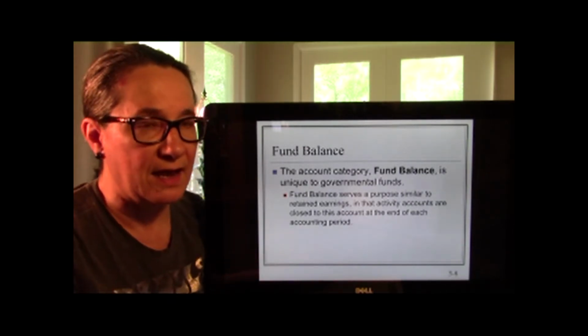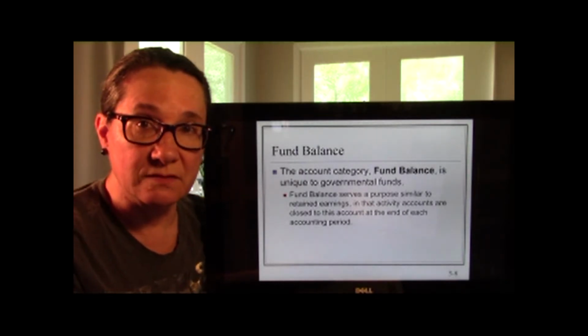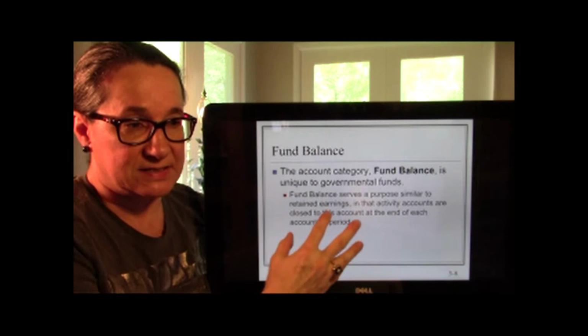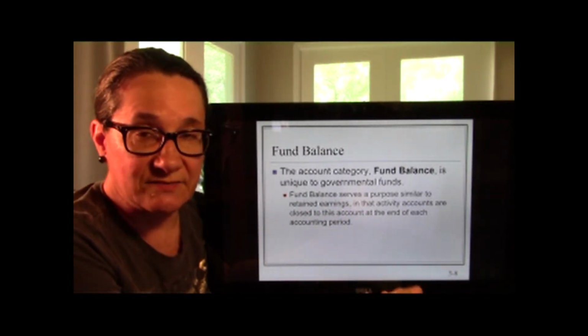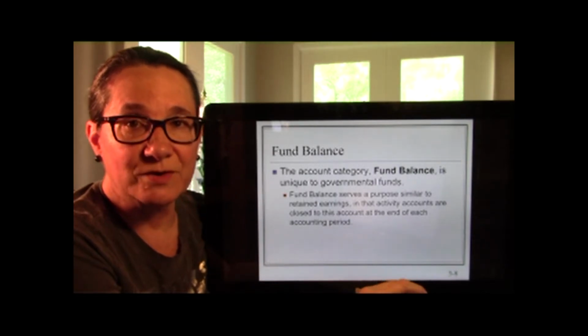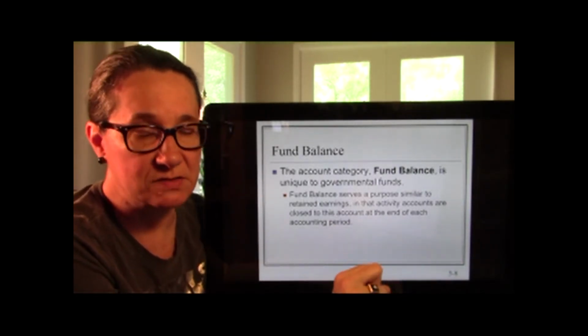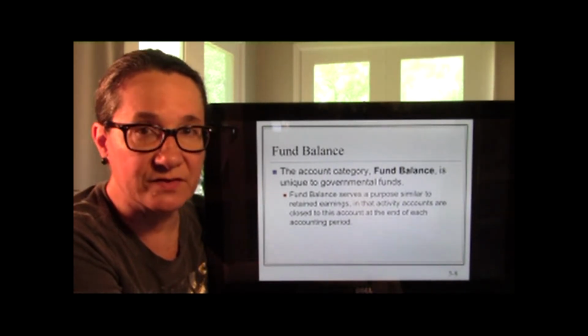All right. And of course, another thing that makes modified accrual accounting different is we use these things called fund balance. And here it tells you it's kind of like retained earnings. And when we close the activity accounts, right? In other words, the revenues and expenditure accounts, the activity and the budget accounts, when we close those accounts, they get closed out to the fund balance.